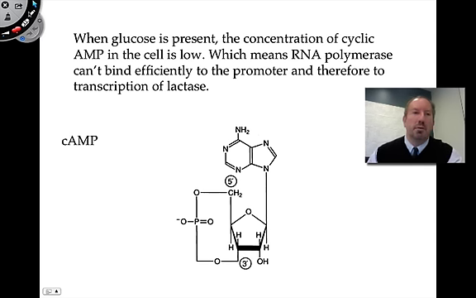This is rather important. Let me emphasize it. When glucose is present, like early on in that growth experiment, the concentration of cyclic AMP is very low. And if it's low, that means it's not going to bind to the CAP, which means the CAP isn't going to bind to the promoter, which means RNA polymerase is not going to efficiently transcribe the genes for lactase.